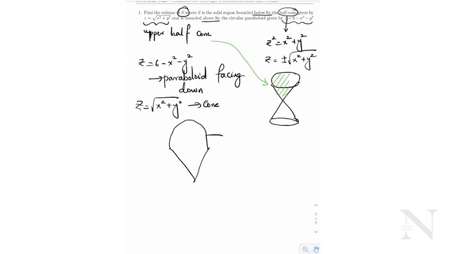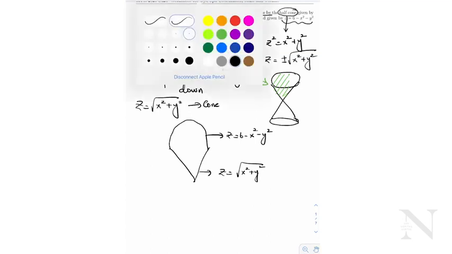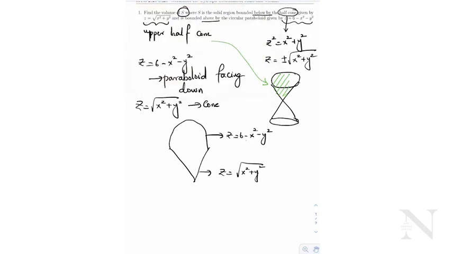So this is what this entire solid region looks like. So this is the top part of the solid, which is given by z equal to 6 minus x square minus y square. And this is the bottom part, which is z equal to square root of x square plus y square. And there are already hints in the problem that tells you that using polar coordinates might be useful, or cylindrical coordinates might be useful. We have a minus x square minus y square, okay, which means that 6 minus r square.